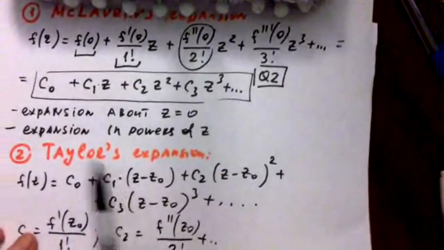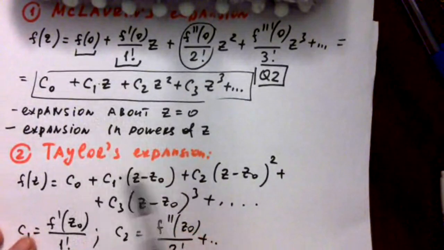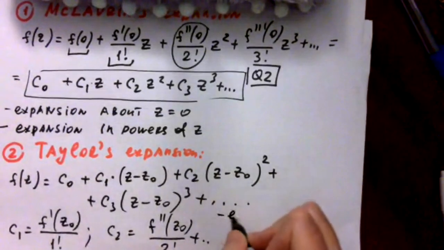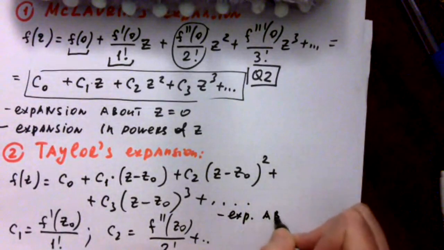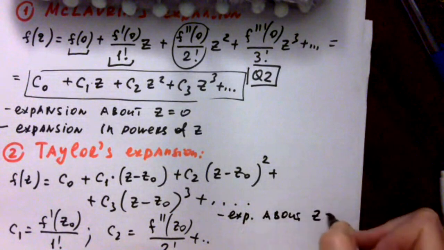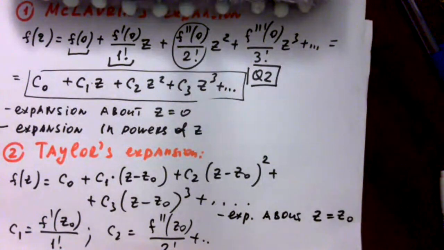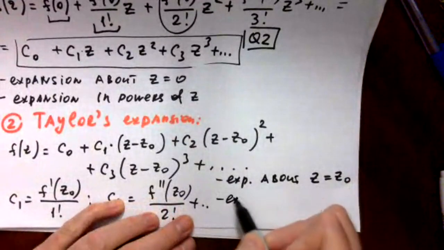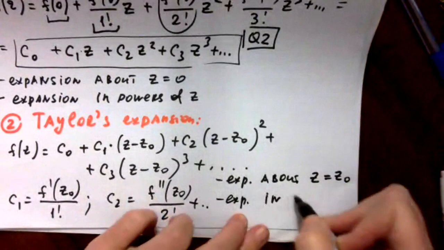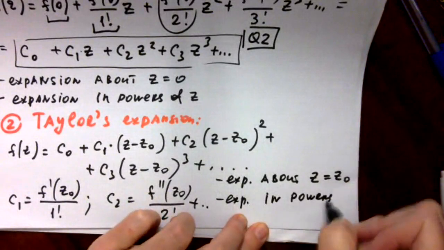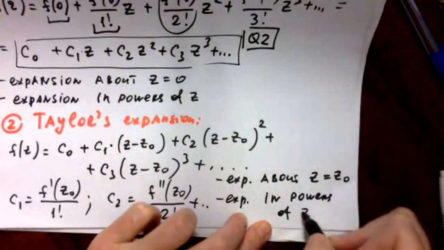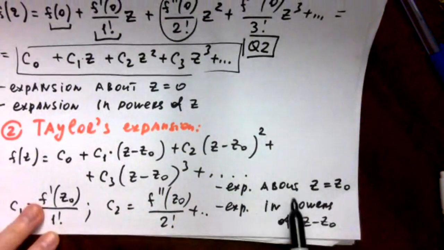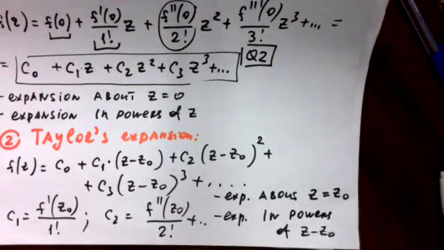And so, of course, as well as Maclaurin's expansion, this expansion has different names. So one name is expansion about point z is equal to z0. This is the first name. And the second name is expansion in powers of not z like in the previous case, but z minus z0. So you should be familiar with both of these names.